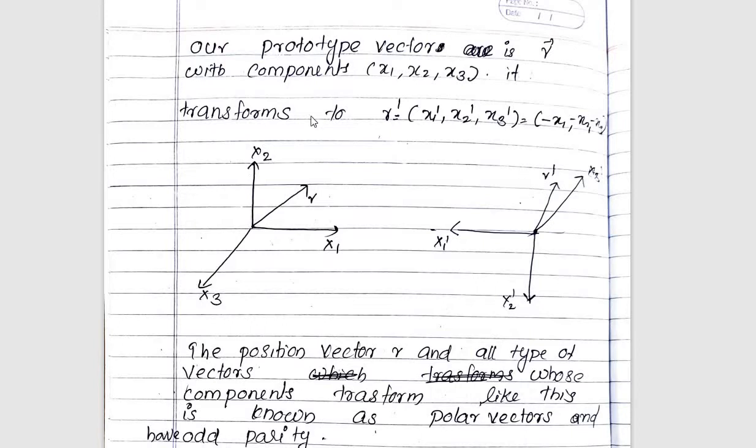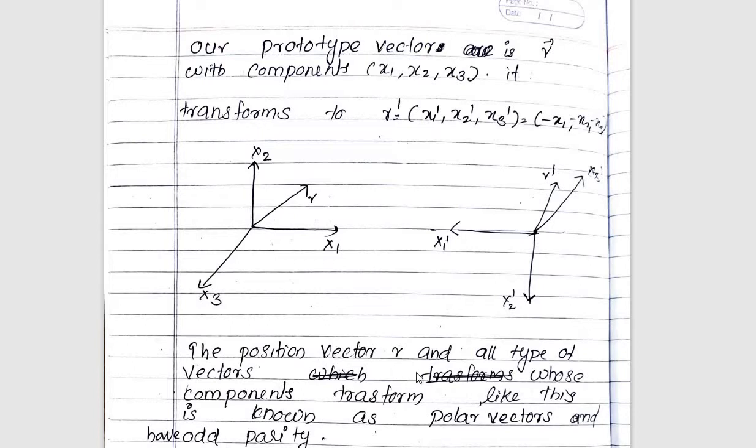But when we look at these two figures, we know that x1 dash is nothing but minus x1, x2 dash is nothing but minus x2, and x3 dash is nothing but minus x3. This is the transformation of its coordinates. So in the case of polar vectors, if their components transform in this manner, they are called polar vectors.